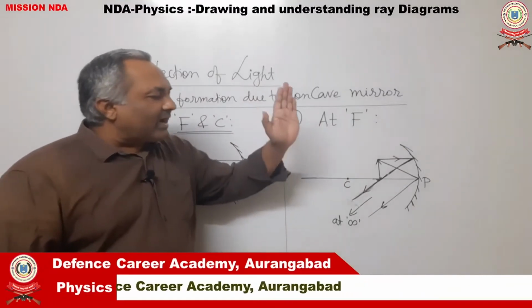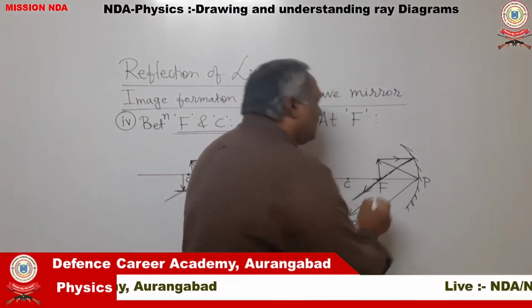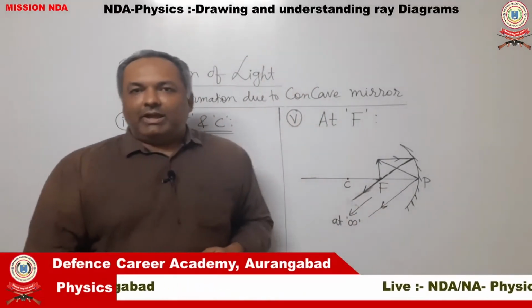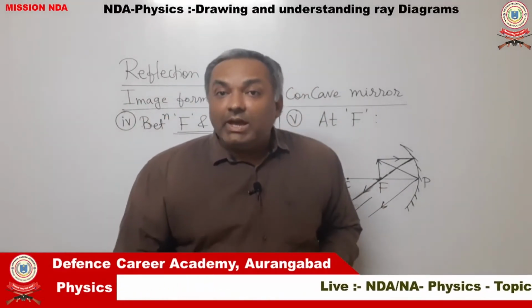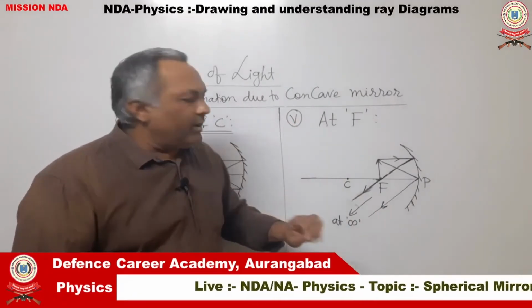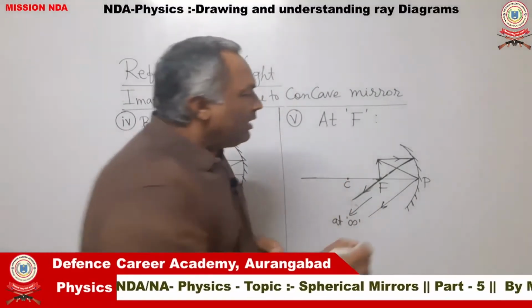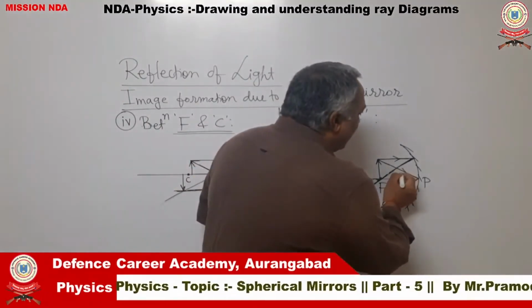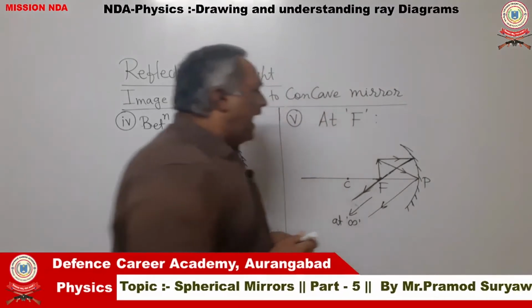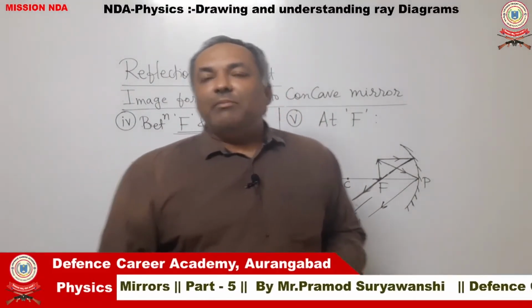So when you are exactly at the focus of the concave mirror, no doubt the image will be at infinity, but it will also be infinitely larger, very, very large compared to the actual size of the object. Okay, so thus far we have discussed and drawn the ray diagrams involving real image formation.